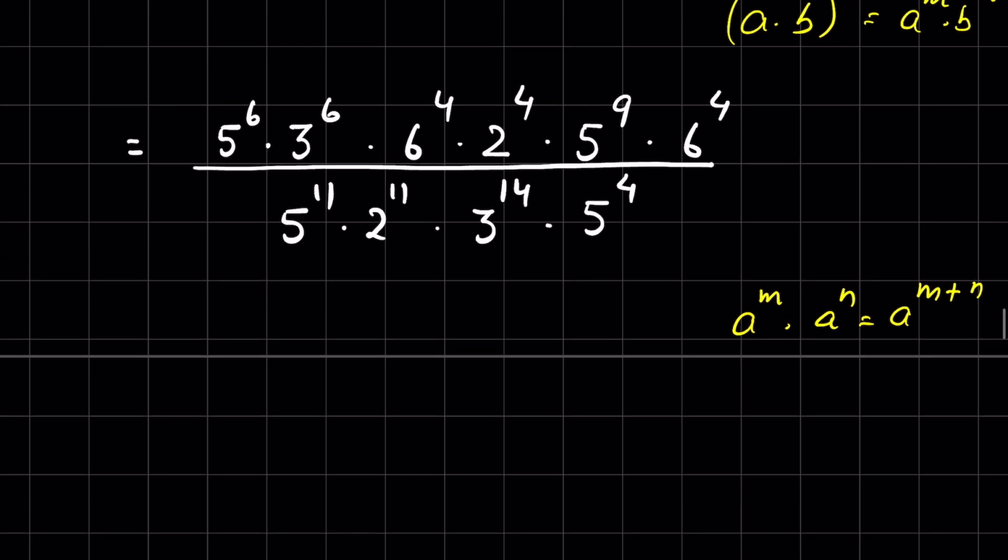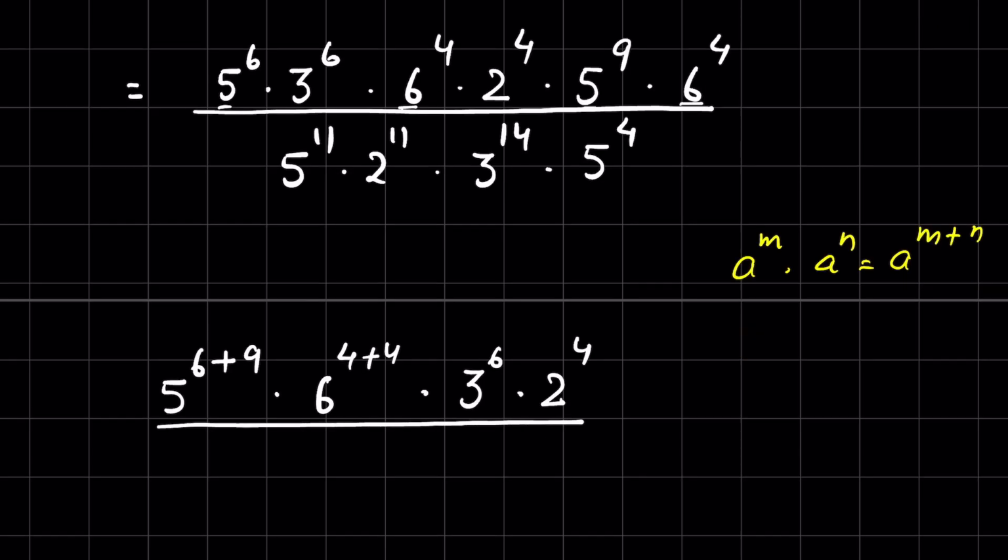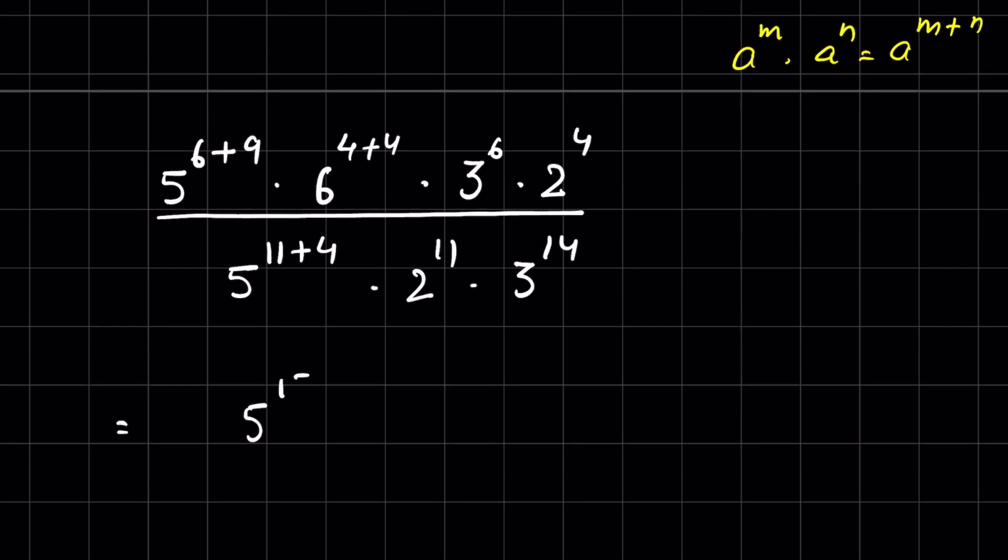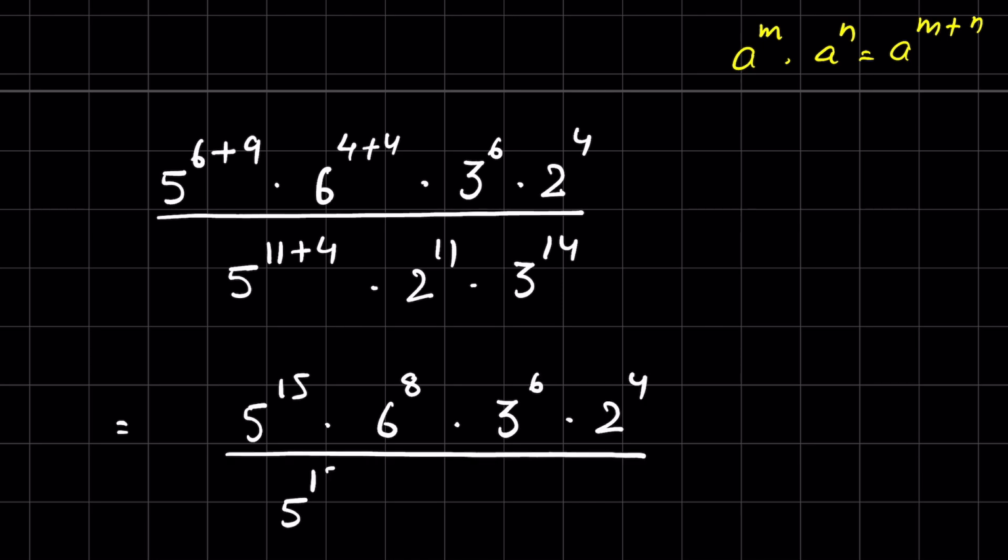Therefore, it will be 5 to the power 6 times 5 to the power 9 as 5 to the power 6 plus 9, times 6 to the power 4 times 6 to the power 4 as 6 to the power 4 plus 4, times 3 to the power 6 times 2 to the power 4 upon 5 to the power 11 times 5 to the power 4 as 5 to the power 11 plus 4, times 2 to the power 11 times 3 to the power 14, or 5 to the power 15 times 6 to the power 8 times 3 to the power 6 times 2 to the power 4 upon 5 to the power 15 times 2 to the power 11 times 3 to the power 14.